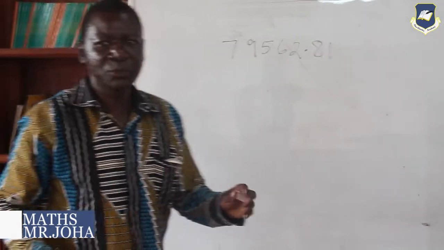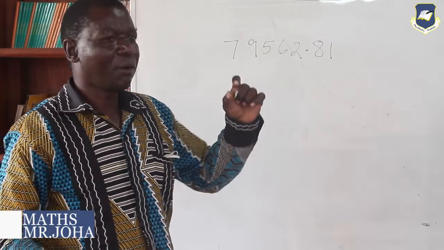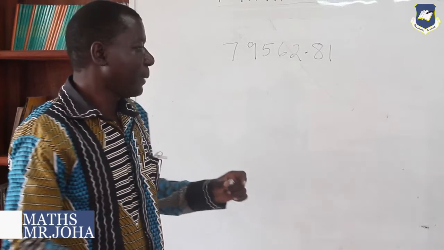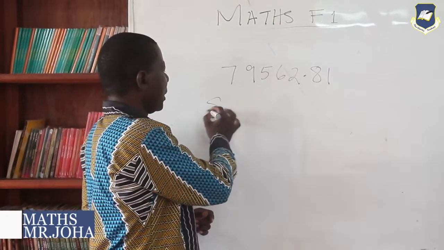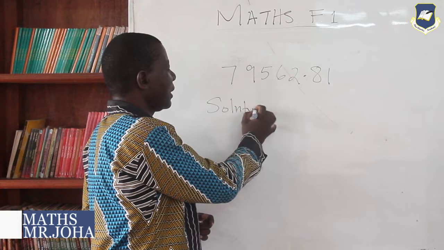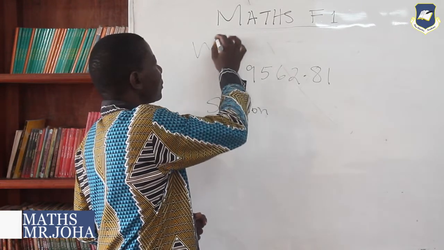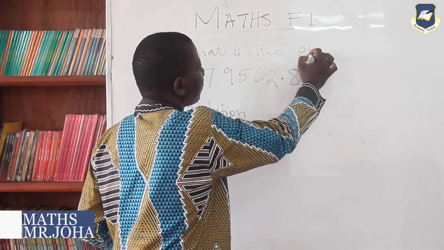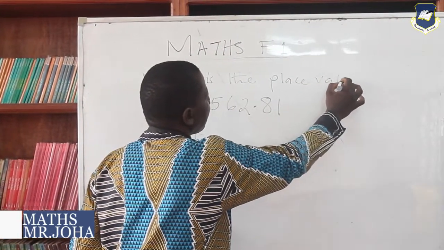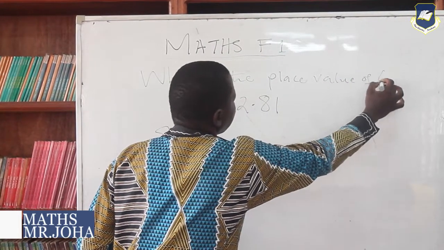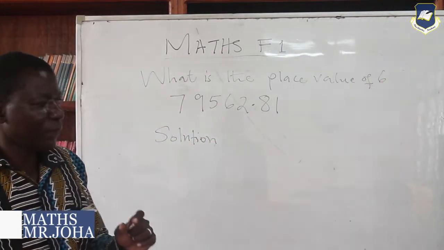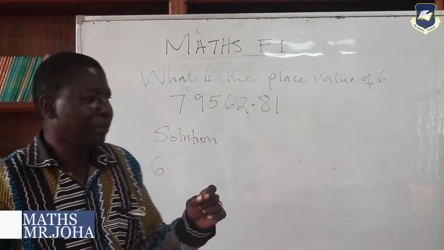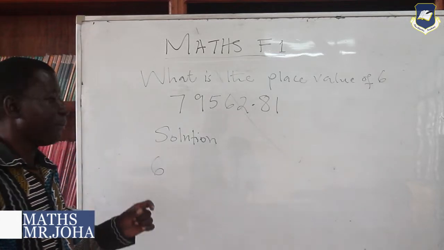Now the place value of 6, we just mention the position of that digit in that number. The solution for this is that 6 is in the place value of tens.